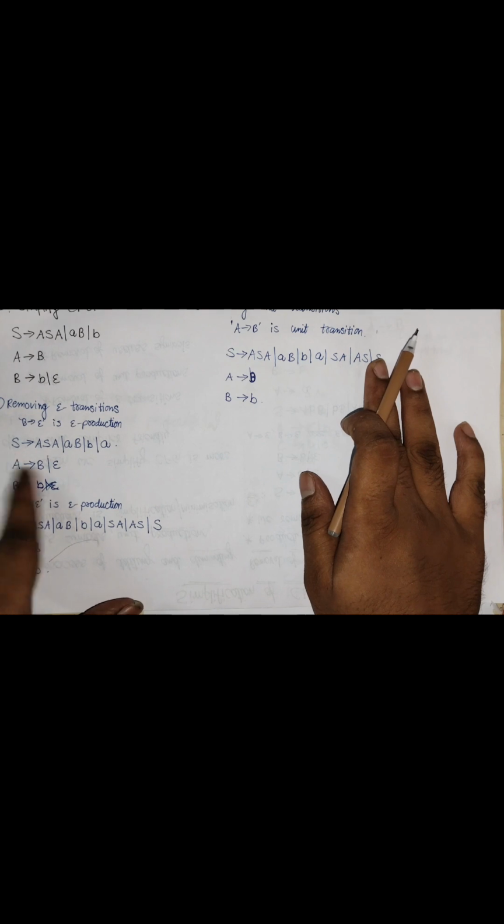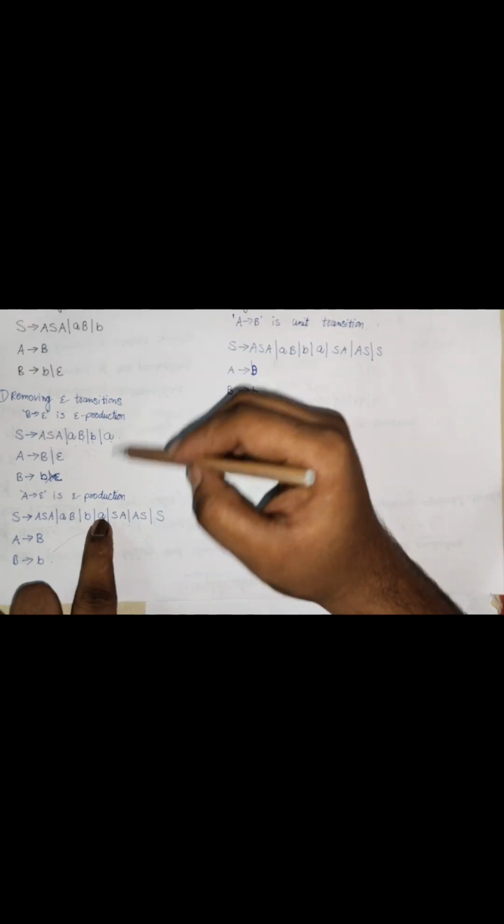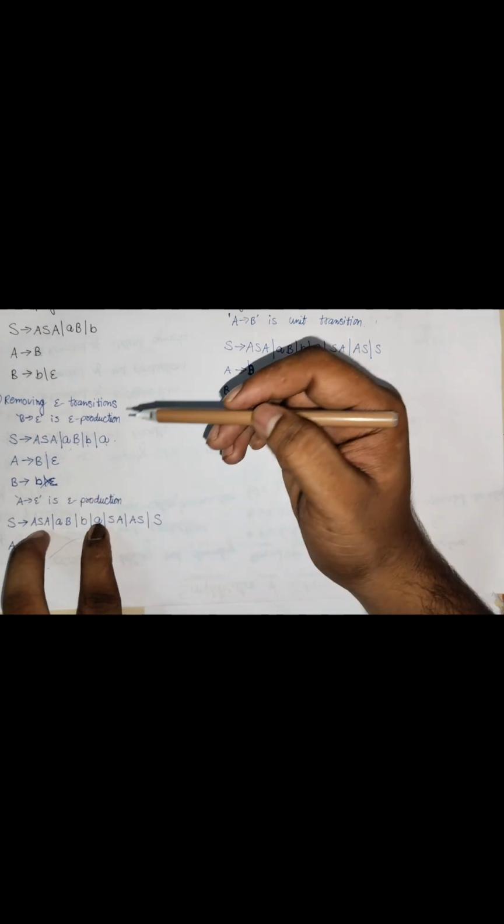Okay. The next epsilon transition was this one. A tends to epsilon is the next epsilon transition. Now, in place of A, substitute epsilon. First write the existing productions as they are: S tends to A S A, and A B, and B, and A. Now, in place of A, substitute epsilon.